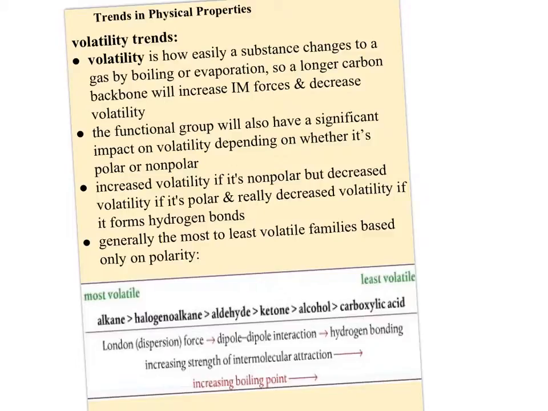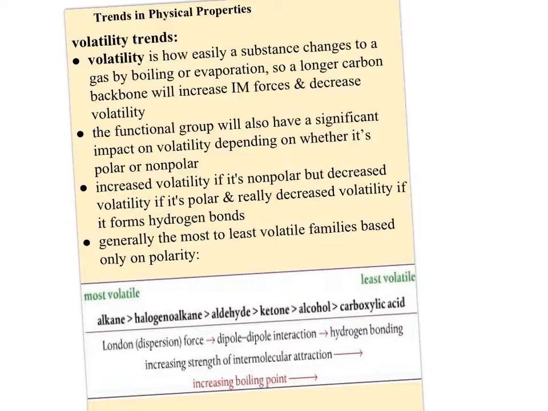So generally the most to least volatile families based only on polarity are alkanes, being totally nonpolar, or the least polar. Halogenoalkanes have just a slight polarity because of the halogen on there. So a slight dipole-dipole interaction on the halogenoalkane. Aldehydes also have some polarity, so they would be next.